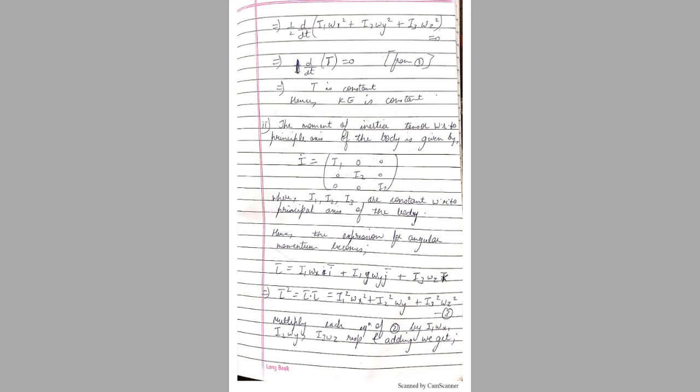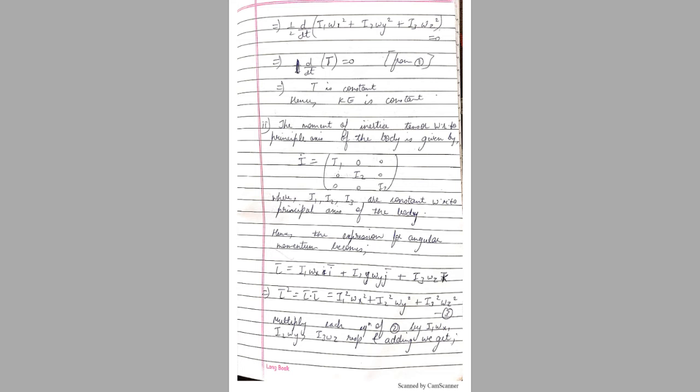This I have also explained in the previous lectures. So when I solve this equation, I1 will come outside the bracket, in fact outside the derivative. Finally I will take the derivative of omega x square, which is 2 times omega x into omega x dot, as I have already explained. So this 2 and this 2 will get cancelled. Similarly over here and over here we'll repeat the same process.